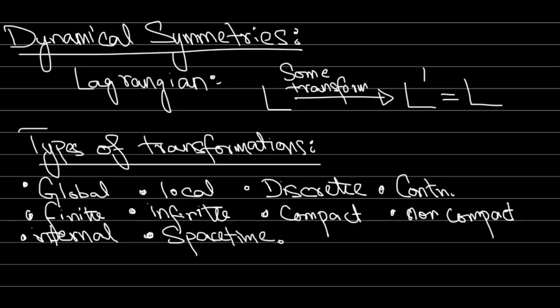So these are all of the types of symmetries that we are going to be dealing with. Now, to clarify these words, global, local, discrete, continuous, and so on, we will look at some symmetry examples, as that will be really helpful.